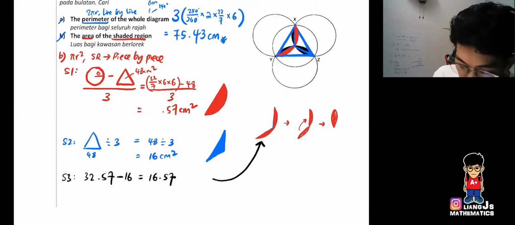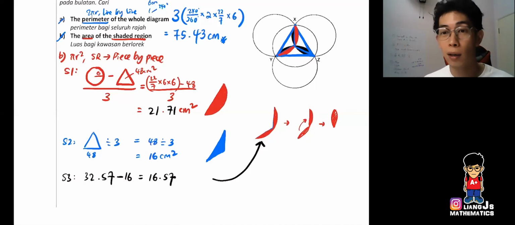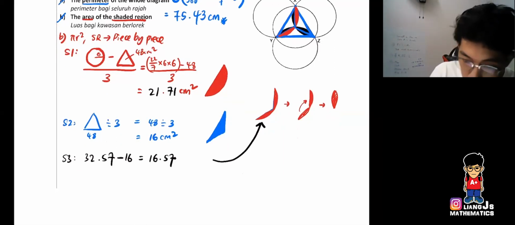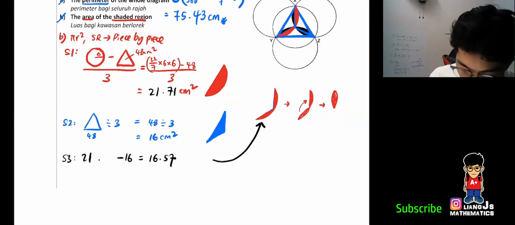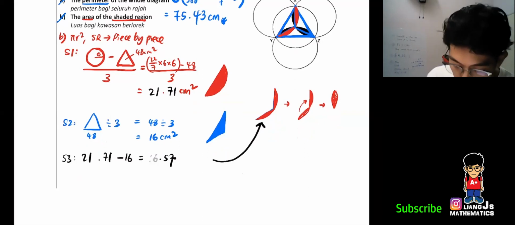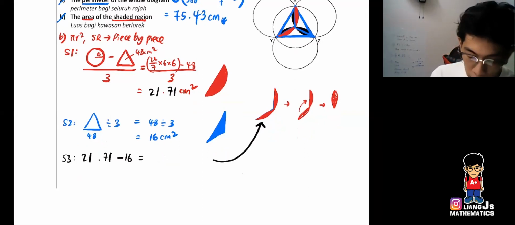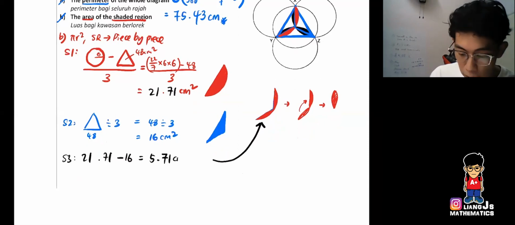So this one is supposed to be 21.71. Thank you very much. Then I have to minus it. Same explanation, it's just that I wrote wrongly. So I minus it, I will be getting 21.71 minus 16, which is 5.71 cm squared.